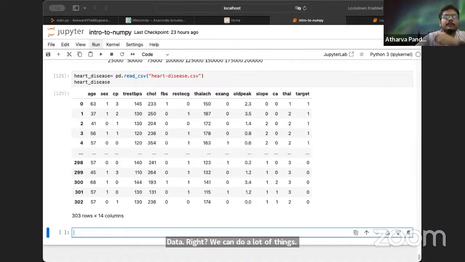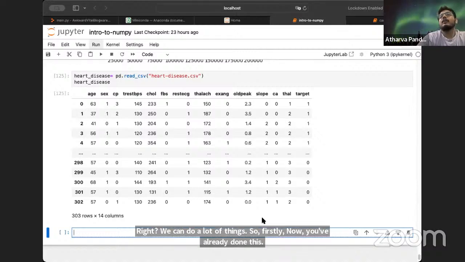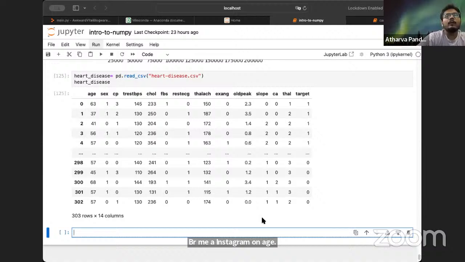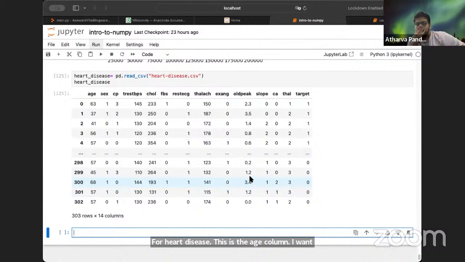So, firstly, you've already done this. Draw me a histogram on age. Give me the syntax to plot a histogram on age. For heart disease, this is the age column. I want to draw a histogram. Do it fast.